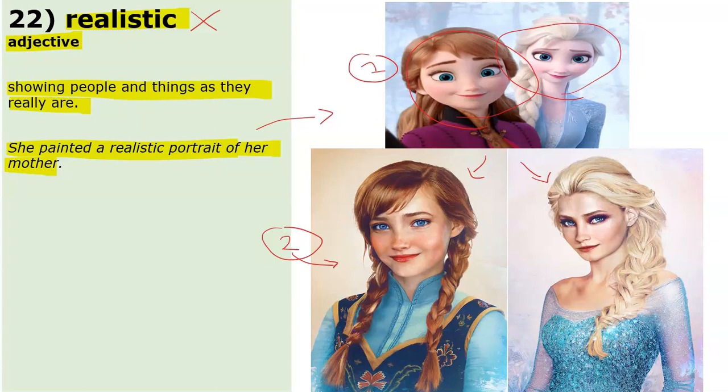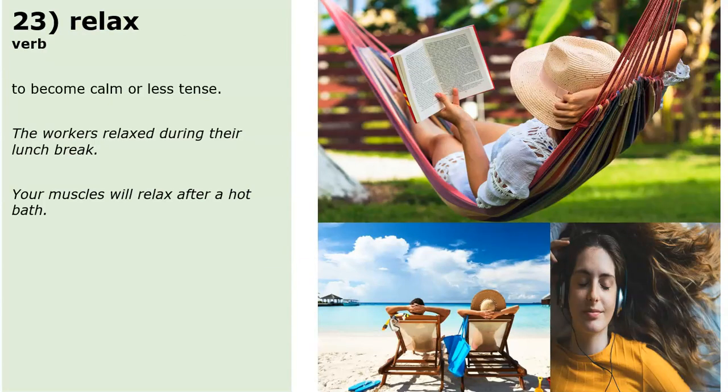Someone drew this, someone painted this, but they painted it in a realistic way. So I can say, this is a realistic drawing of Anna, and this is a realistic drawing of Elsa. It looks real. Our next word is relax.